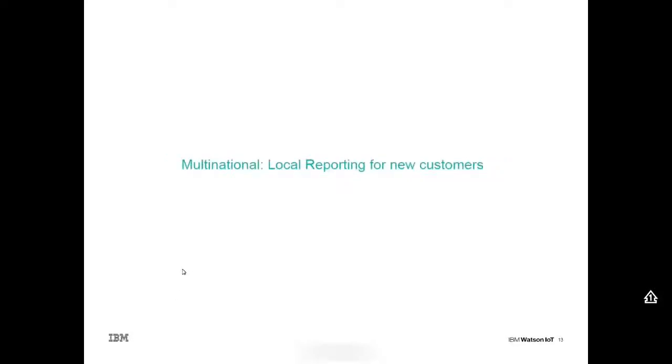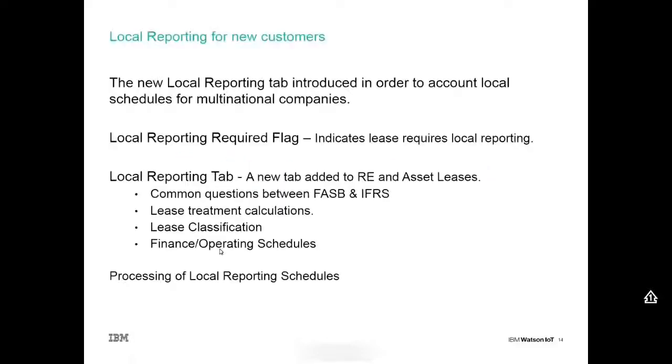So for multinational local reporting, Nithya will cover this. Thanks, Yang. I'll be covering multinational reporting, which is a new feature we introduced in 10.5.1 as part of the new accounting standards. Local reporting is for multinational companies.